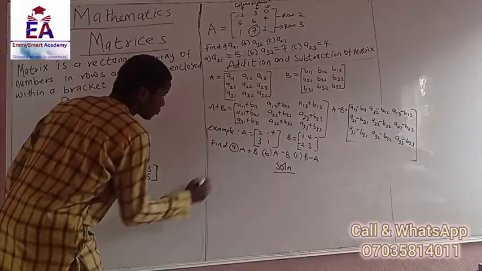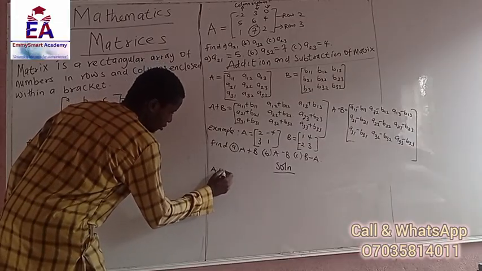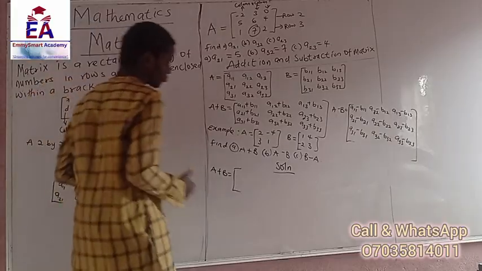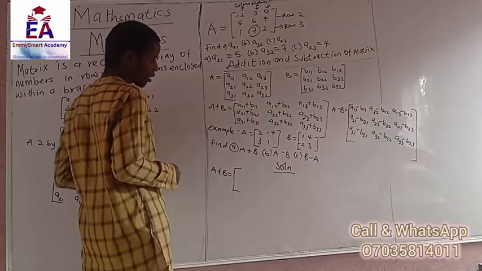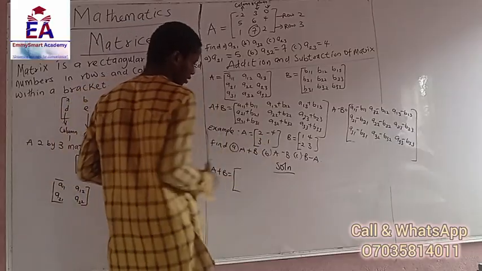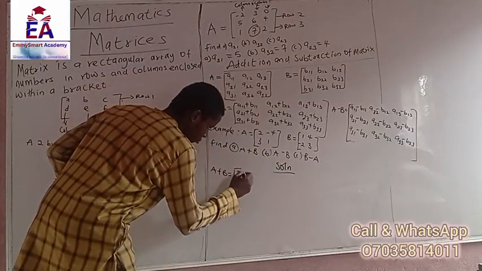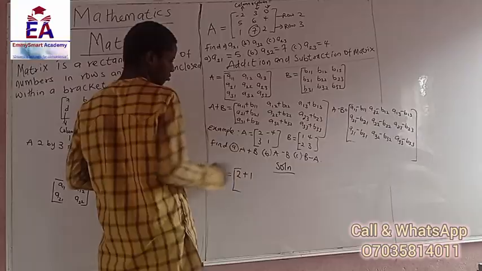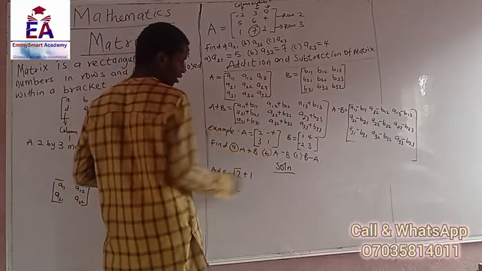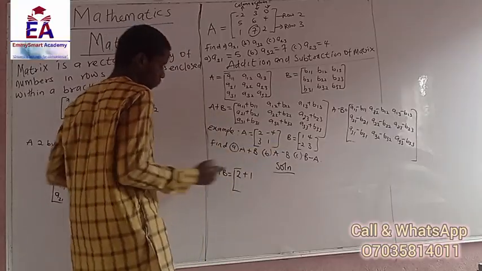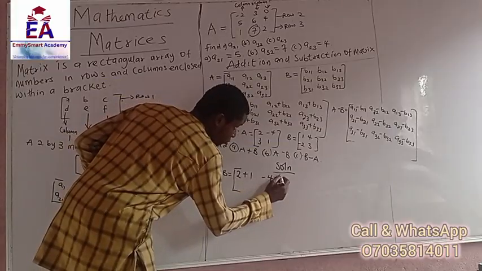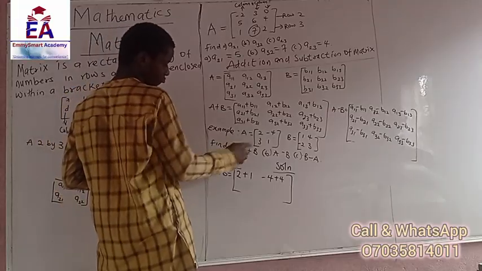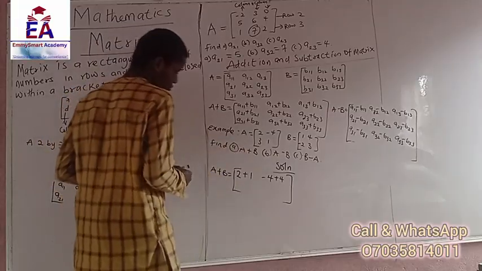So we have A plus B. So A is what? 2, right? A11 is 2, B11 is 1. So 2 plus 1. And then we have A12 is what? Minus 4. And B12 is what? 4. So minus 4 plus 4. I have the next one, 3 and minus 2.